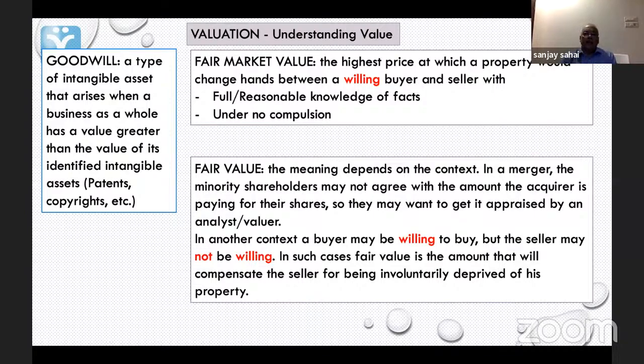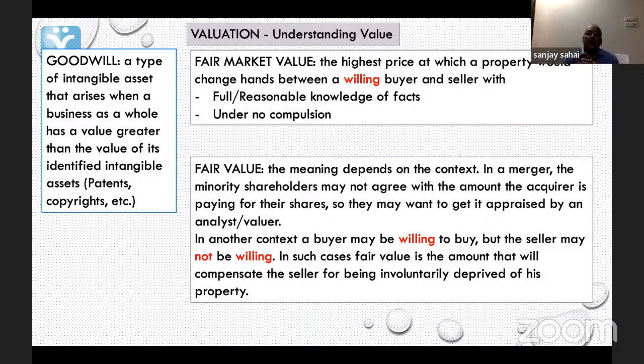Now think of something else, something slightly different. You think of a situation where the seller is not exactly willing to sell. And उस case में what will happen? In some cases, fair value is the amount that will compensate the seller for being involuntarily deprived of his profit. कभी कभी क्या होता है, this can happen in the case of, जैसे एक merger हुआ, दो companies जो हैं वो मिल जाते हैं.